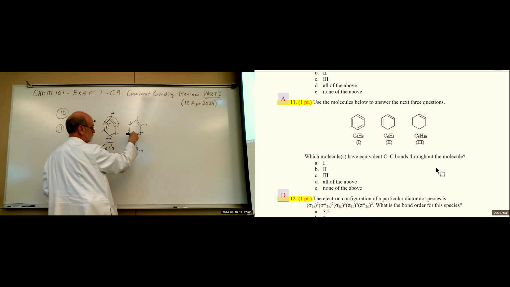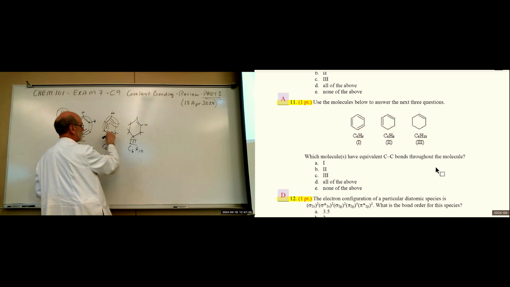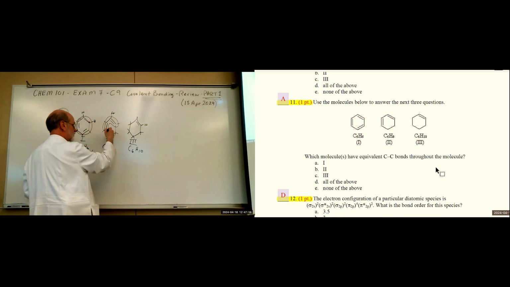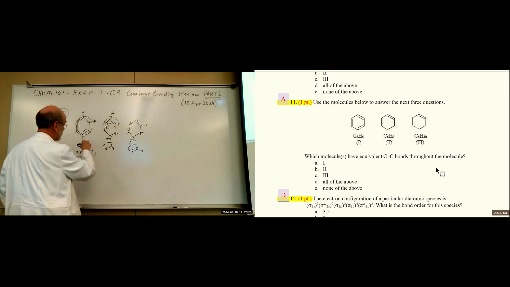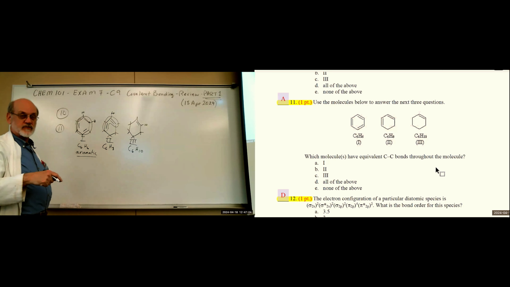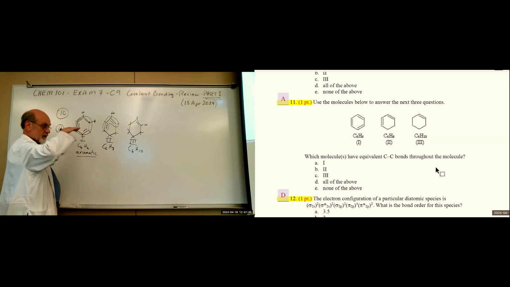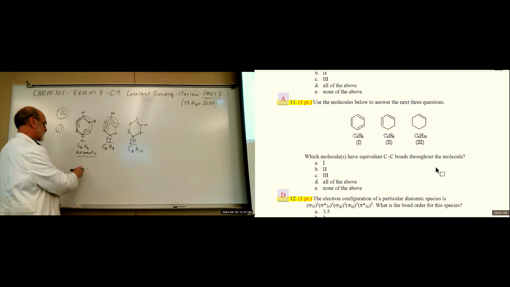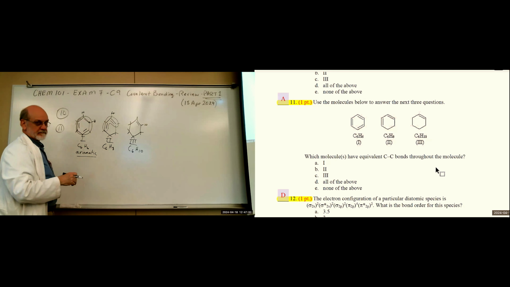These are roughly the same length. These are roughly the same length. These 3 bonds are probably the same length because you get that delocalization. And these 3 are different. But all of these are exactly the same length, the same strength, and they're all in the same plane. That's characteristic of aromatics.